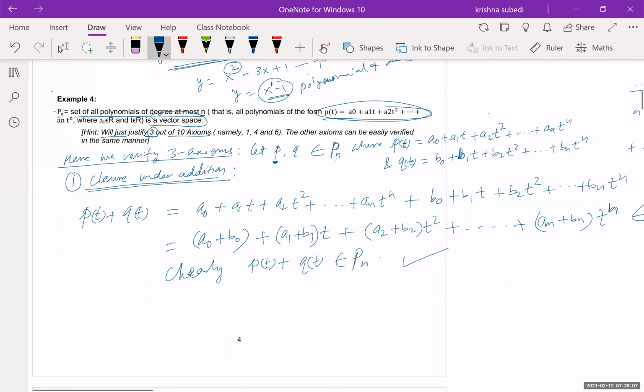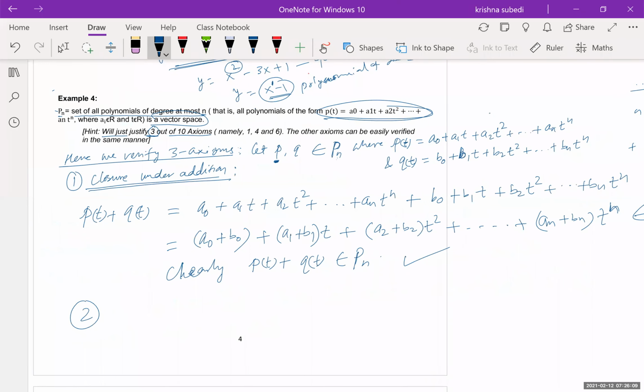Now the second condition is the zero vector. We need to prove that the zero vector is in Pn. So can you tell me whether 0 belongs to Pn? Can we write 0 in that form?